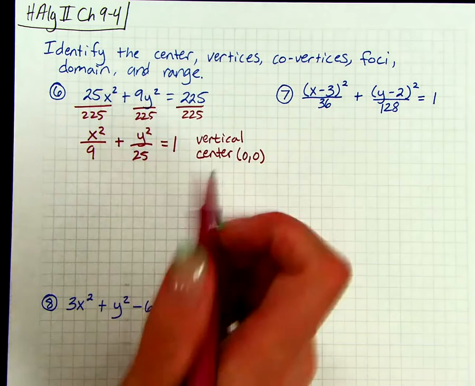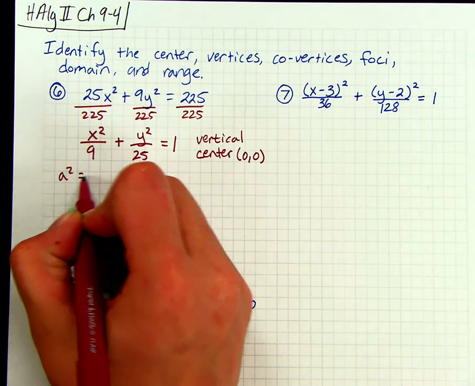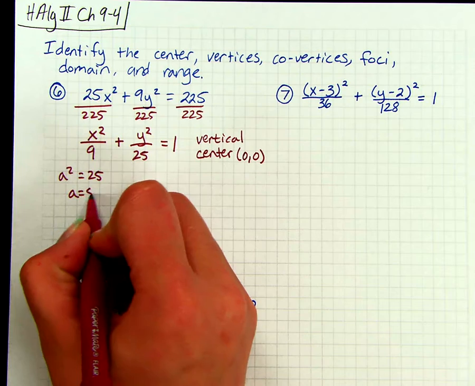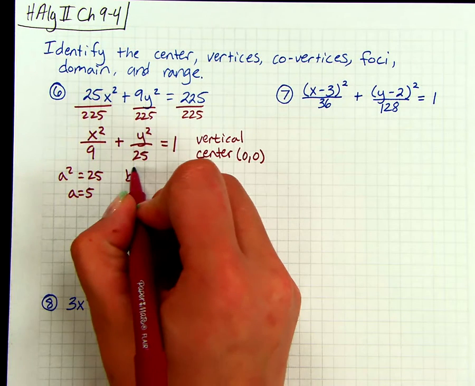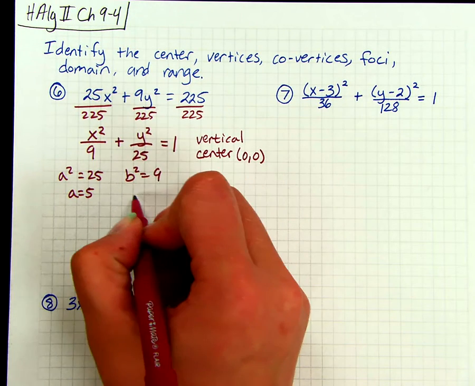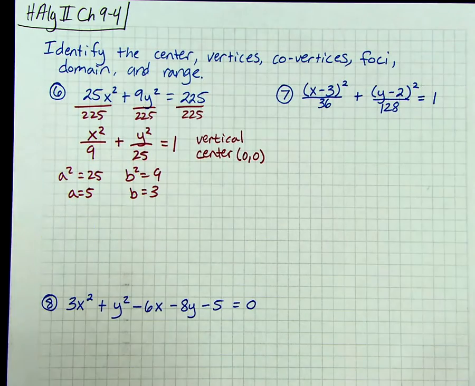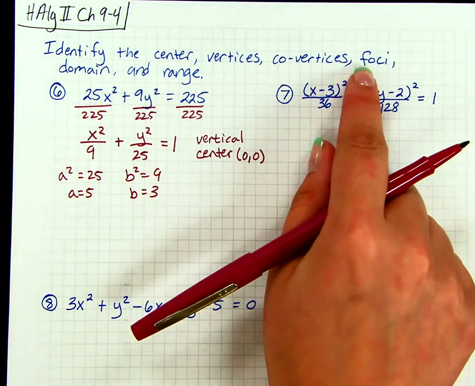And then, so our a squared is 25, so that means if we take the square root of each side, a is 5. B squared is 9, so again if we take the square root, our B is going to be 3. And then we also need to find C for if we're trying to identify the foci.